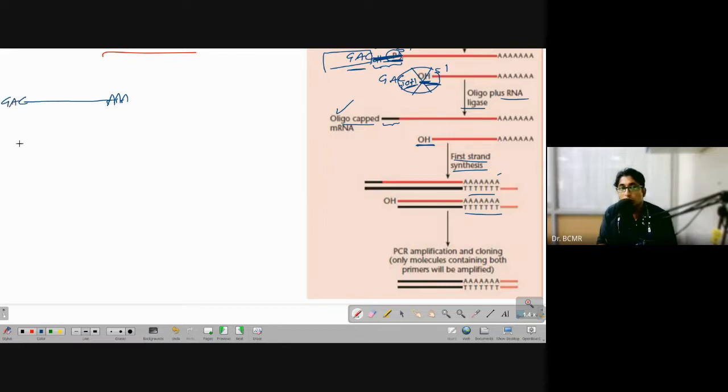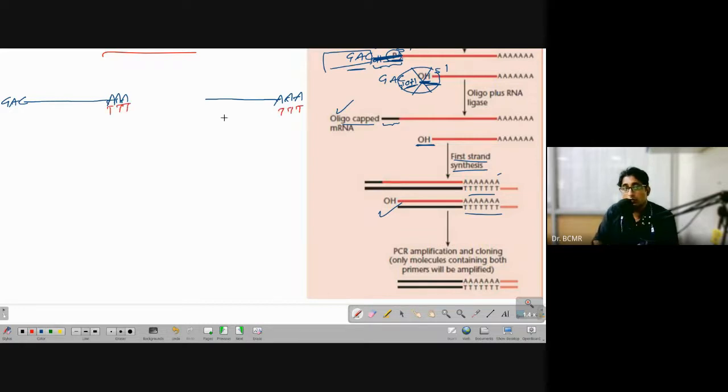GAC is the oligo that has been added. There are other mRNAs, the truncated ones, which have no oligo, because the oligo did not get added on. And here it is an RNA ligase. Please keep that in mind also. This is a new enzyme that we haven't discussed or touched upon so far. So to both of them, we are going to add oligo dT.